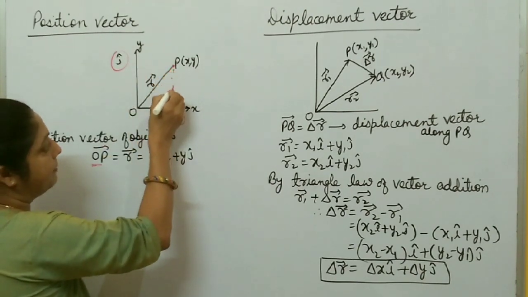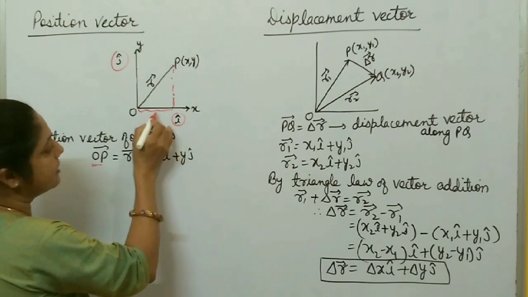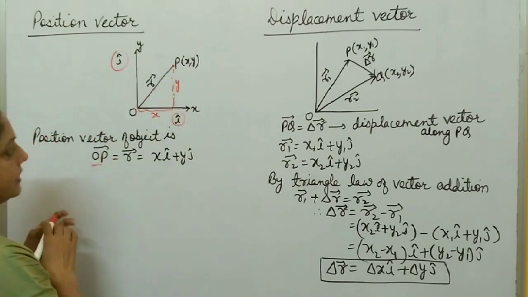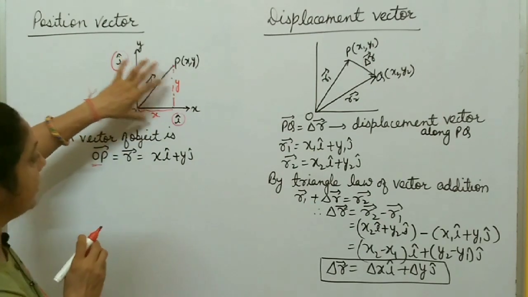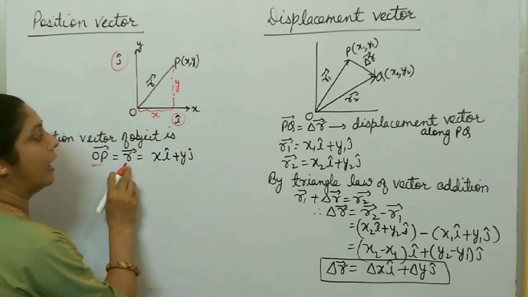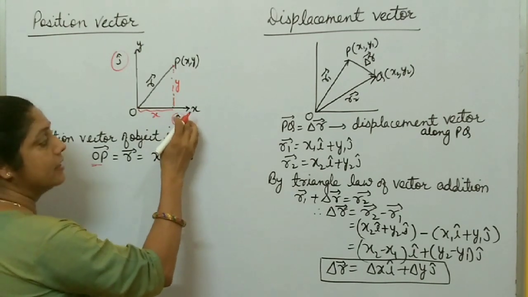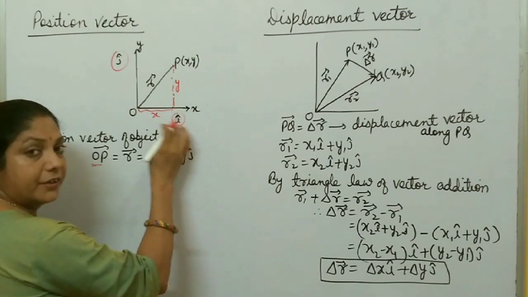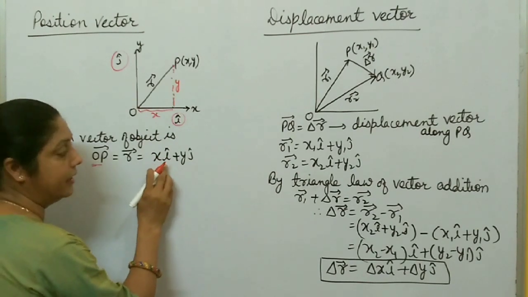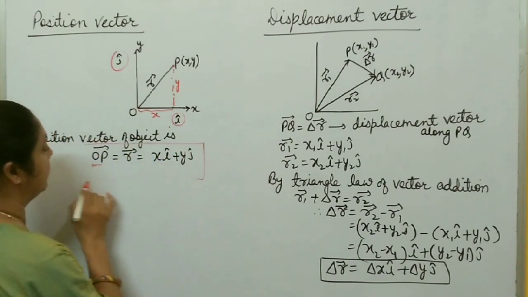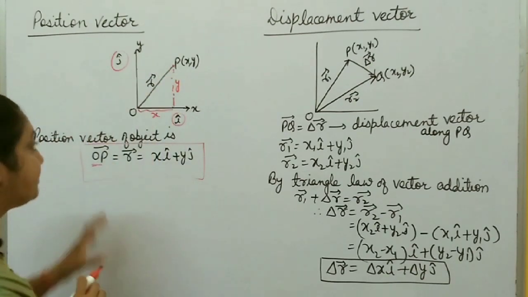You draw perpendiculars, so this is the distance along the x-axis and this one is along the y-axis. So in rectangular coordinates, you write position vector r equals x, the distance along the x-axis, and we use the i unit vector to represent direction, so xi plus yj. This is the position vector of this object.